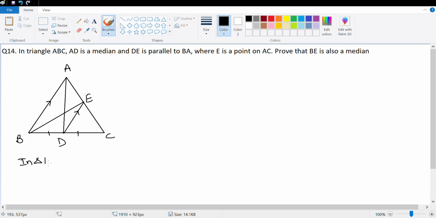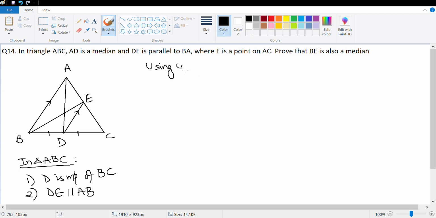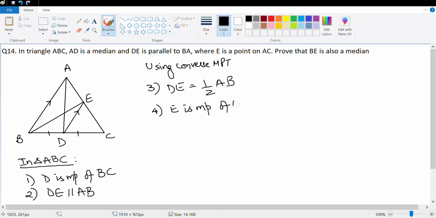In triangle ABC, number one, D is midpoint of BC. Number two, DE is parallel to AB, which means using the converse midpoint theorem, I get number three, DE is equal to half of AB, and number four, E is midpoint of AC.